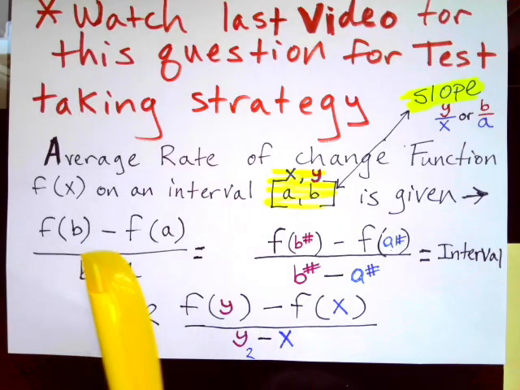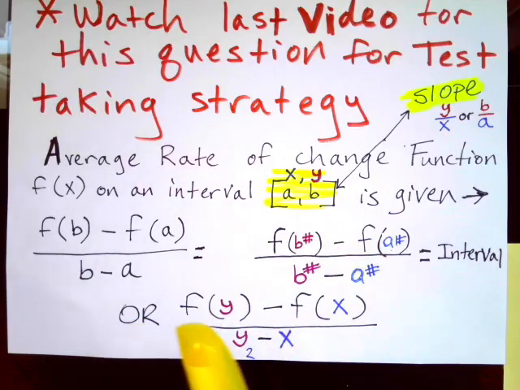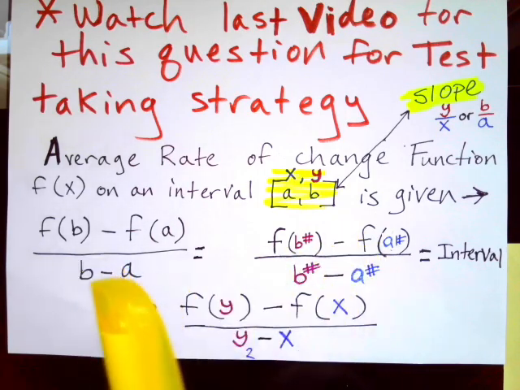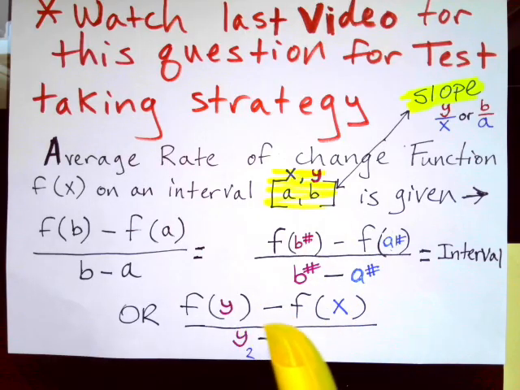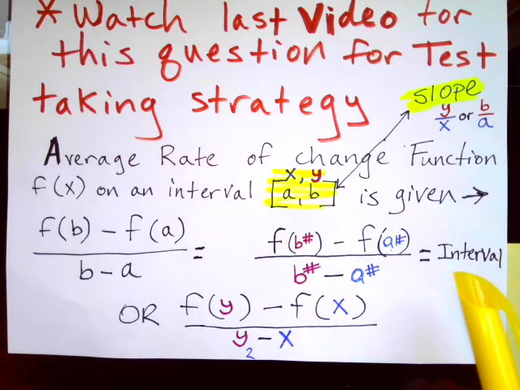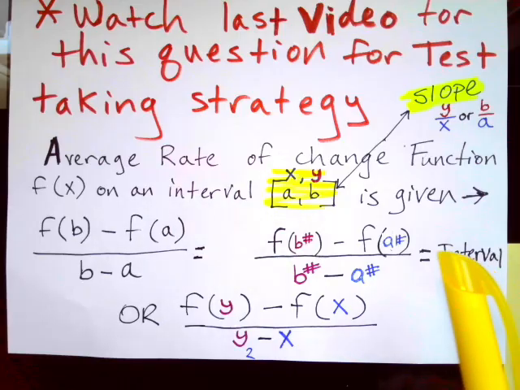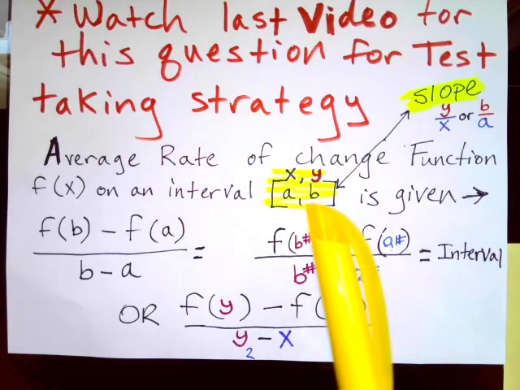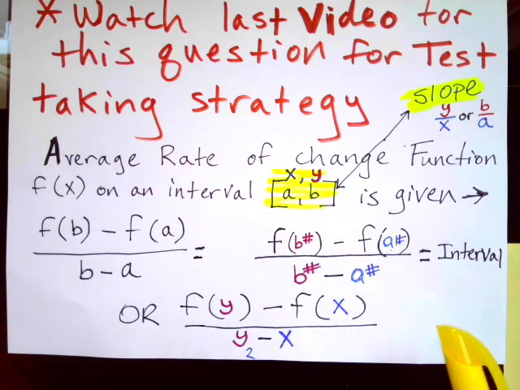Okay, so this is just the exact same formula, three different ways to write it or to understand it. Once you simplify, whichever one you choose to use for understanding, once you simplify it, that will give you the interval value in the A, B, C, D, E option answers. That's right next to your bracket or your slope values.